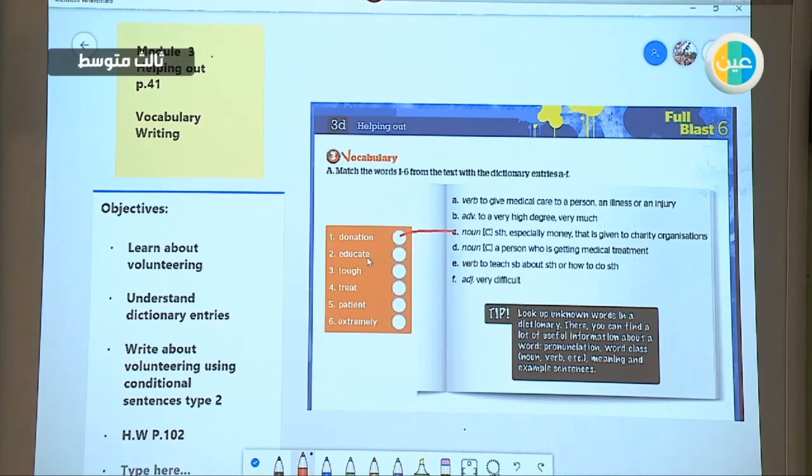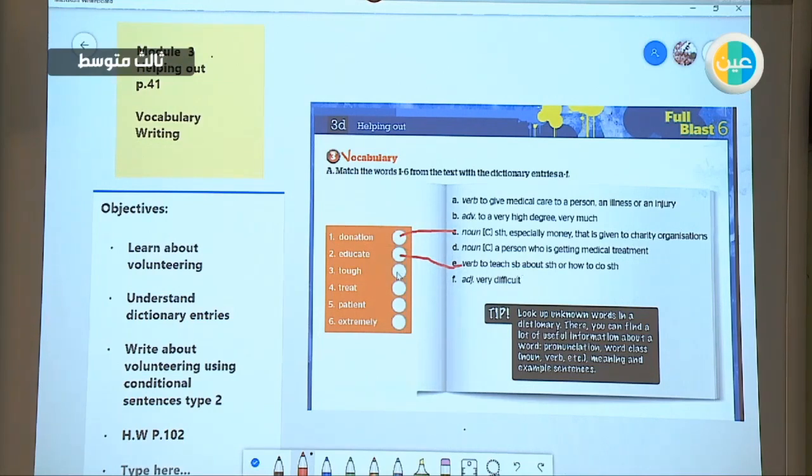Now let's move to educate. Which one here is educate and which part of speech is it? So educate is a verb which means to teach somebody about something or how to do something.